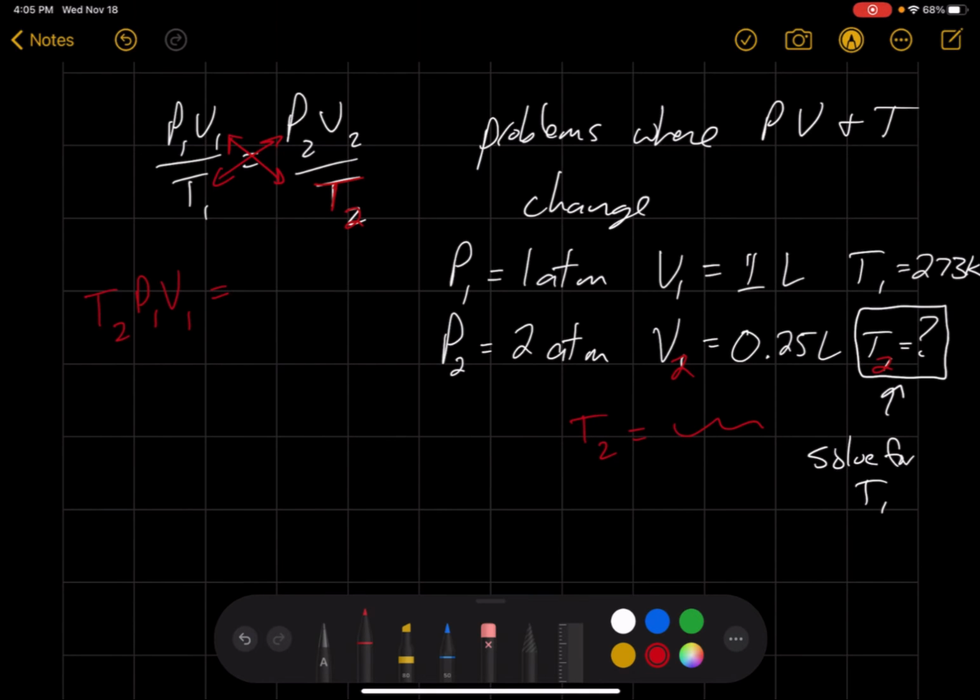Now I'm choosing to put it on the left-hand side. And then the remaining expressions would look like that.